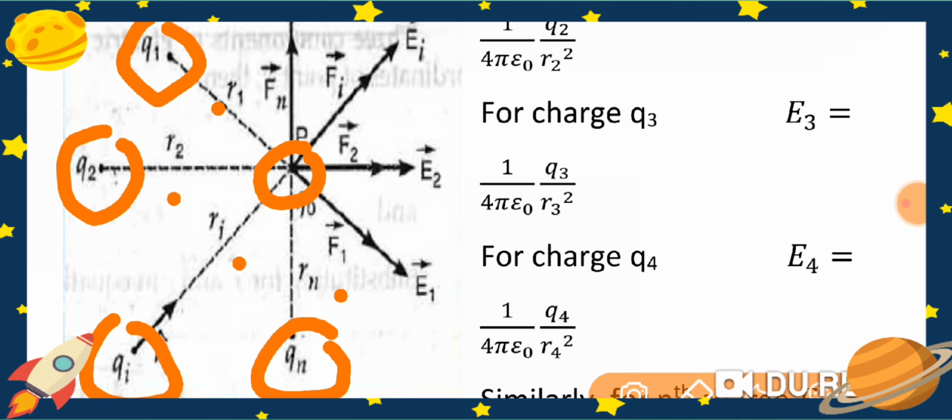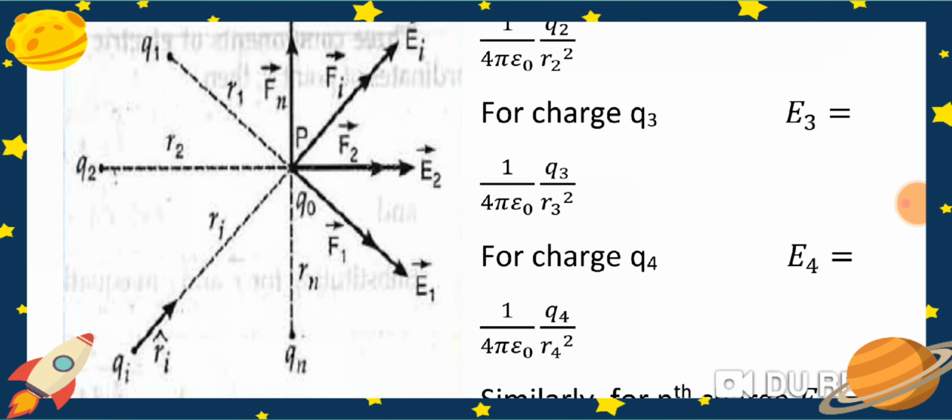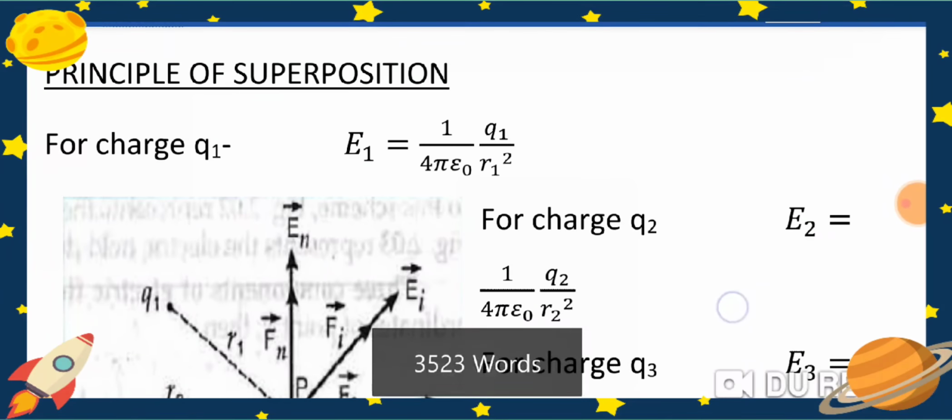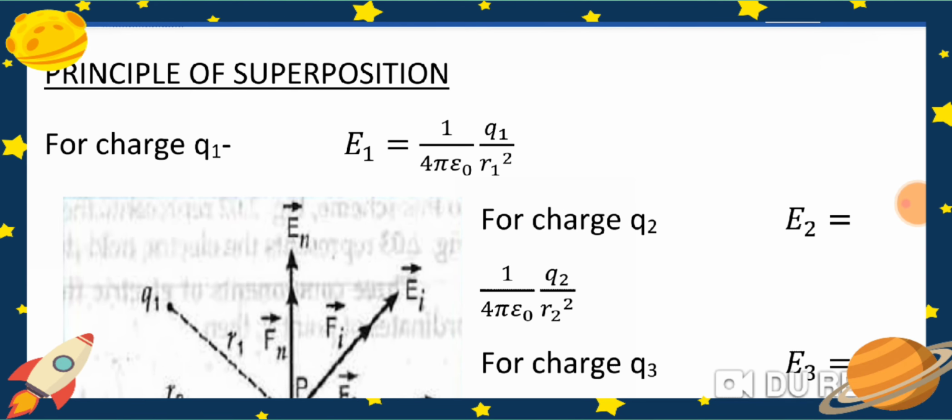Now we have to find the electric field at point P. What should we do? We have to find the electric field due to each particular charge at that point according to the formula E equals 1 upon 4 pi epsilon naught Q upon R square. You can see we apply this formula for each charge.